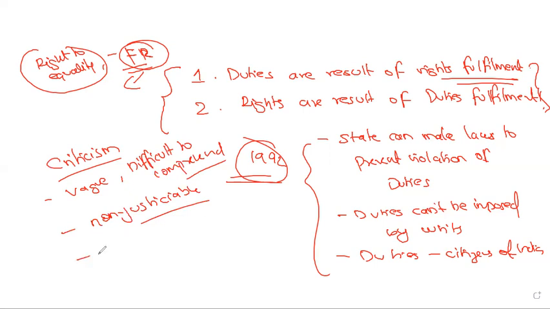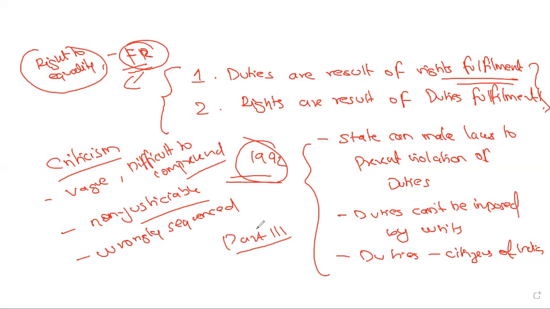The third criticism is that they are wrongly sequenced. The critics say that these fundamental duties should have been added after Part 3 to keep them on par with the fundamental rights. If you wanted to show that they are correlative with the fundamental rights, you should have put them after Part 3. Why have you not added them after Part 3?